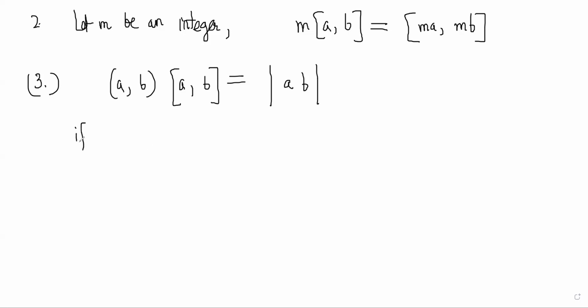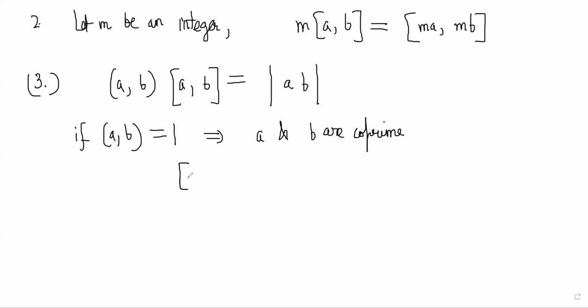Now here, if GCD of A and B is equal to 1, which means that A and B are co-prime, this property implies that the LCM of A and B will simply be equal to the mod of AB, the product of these two numbers. Okay. So this property can be generalized.